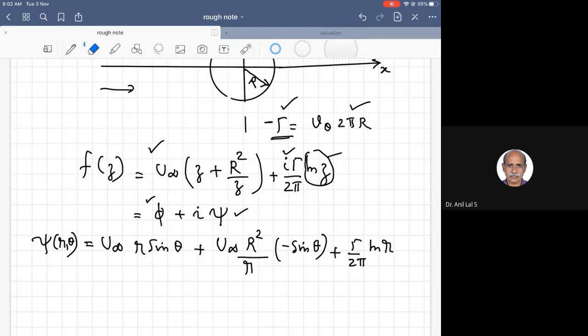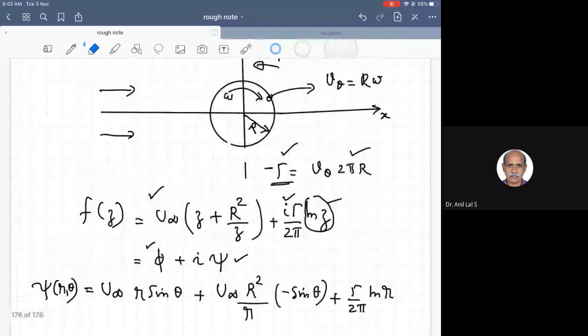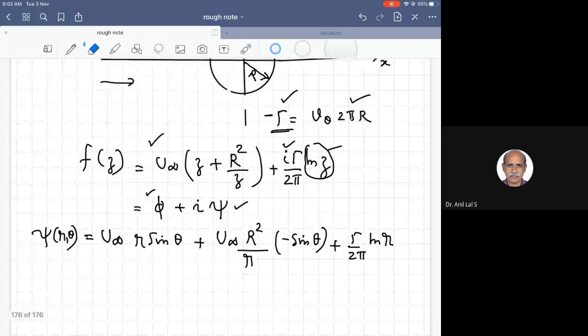Now let us try to find out what the stream function is on the surface of the cylinder. The surface of the cylinder is a streamline actually.